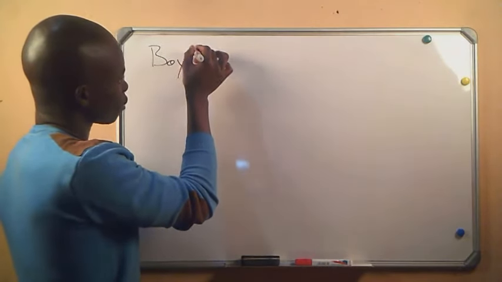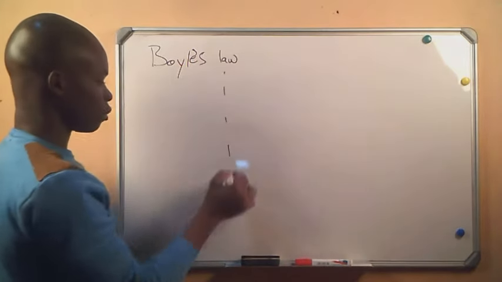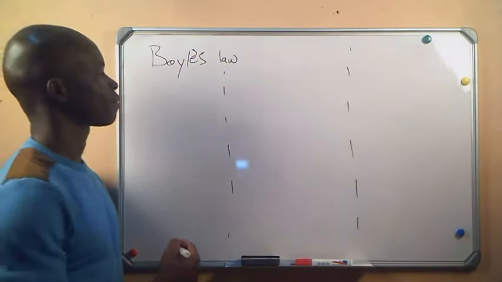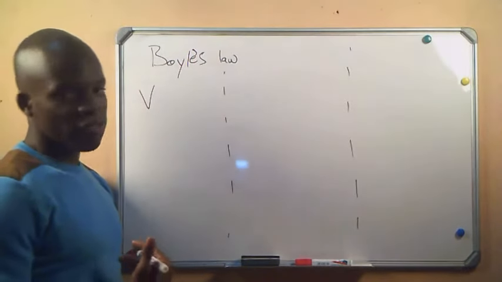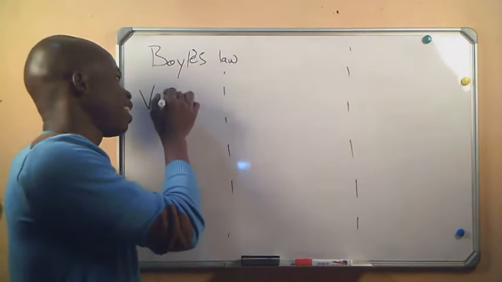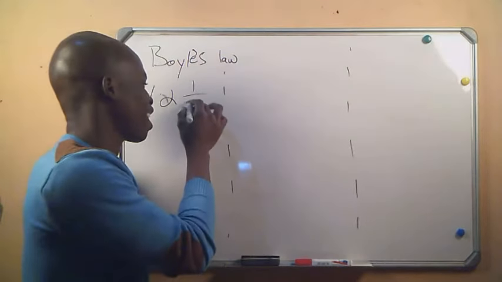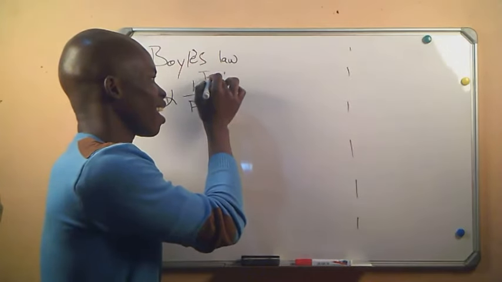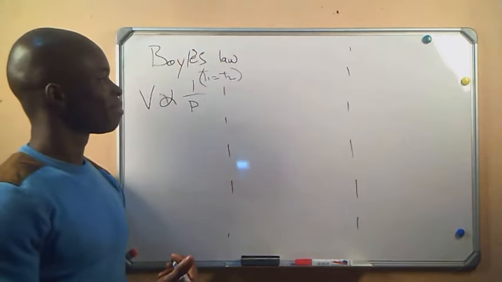Boyle's law states that the volume of a gas of a certain mass is inversely proportional to its pressure, provided that temperature remains the same.